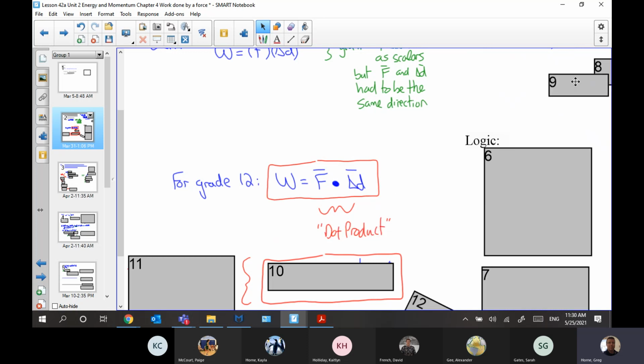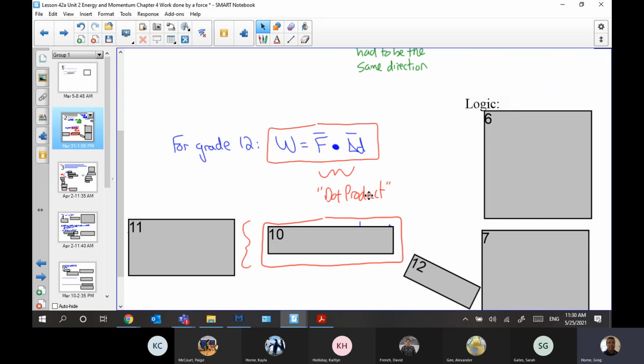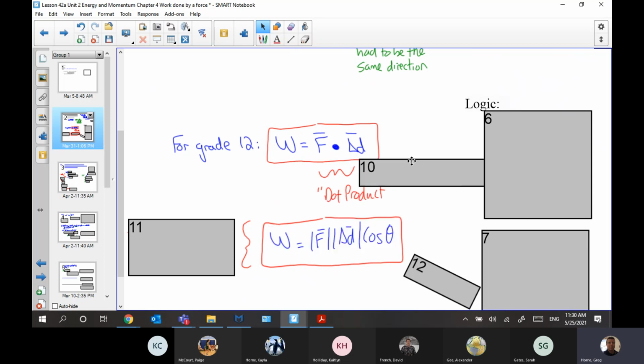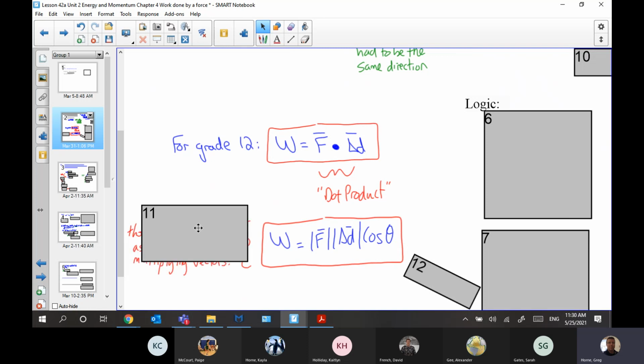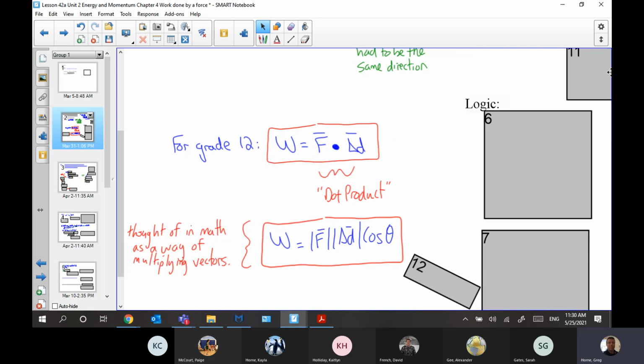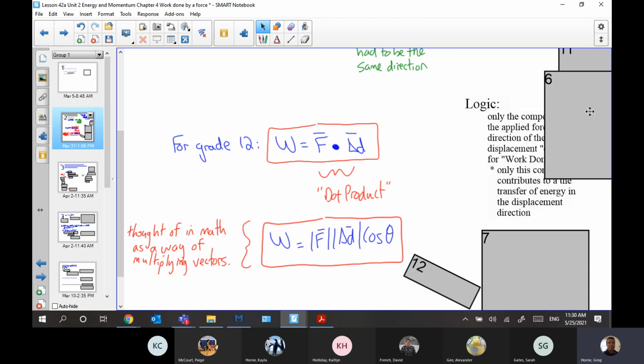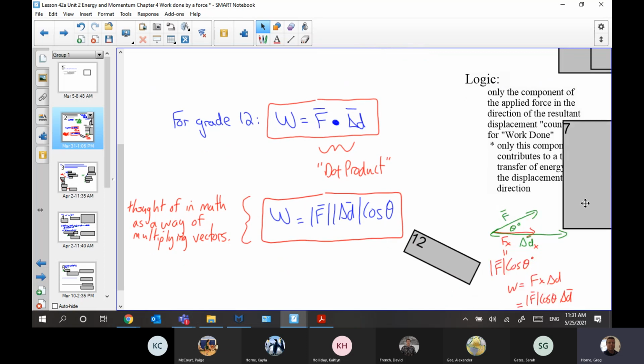It's called the dot product, and the reason they call it the dot product is because they want to acknowledge that only the force in the direction of motion counts. Only the force applied in the direction of motion counts. In math, they think of the dot product as one of the ways in which you can multiply vectors. In physics, we think of it as logic, where only the force in the direction you're pushing counts for work done, because it's the one that's in the direction you're actually pushing, right?